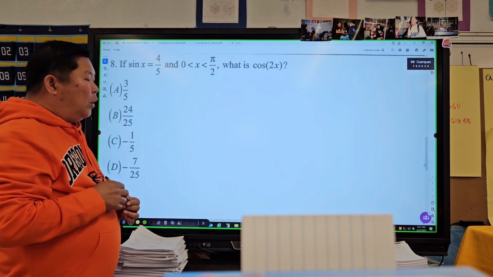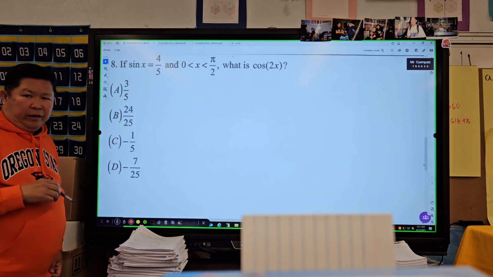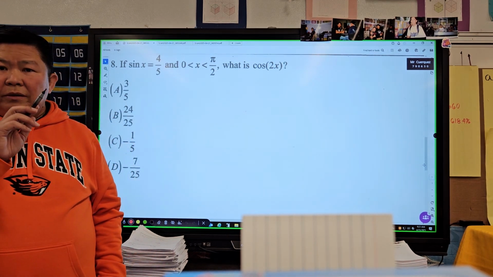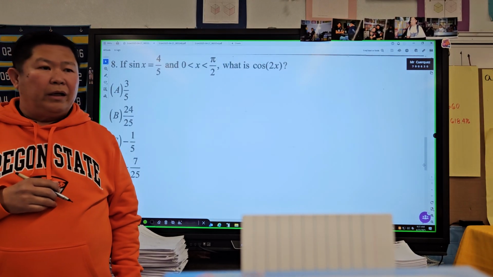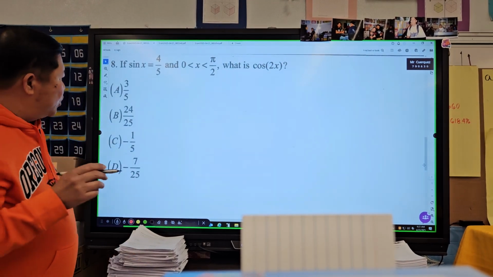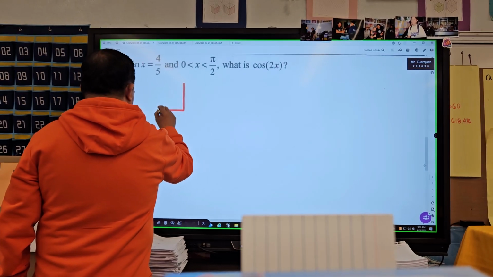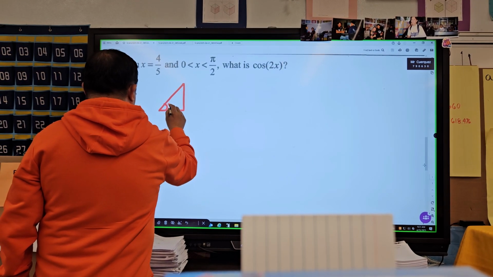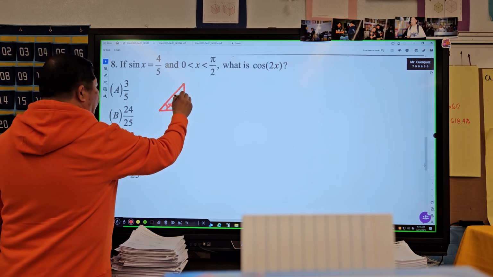Okay, now I want you to know what sine is in the trig function. Sine is the opposite side of the angle over the hypotenuse, right? If I draw that one, if this is the angle and we call this angle x, so sine is equal to the opposite side.